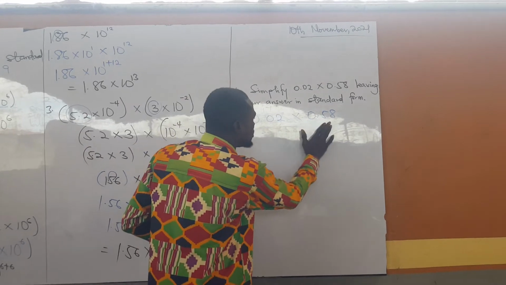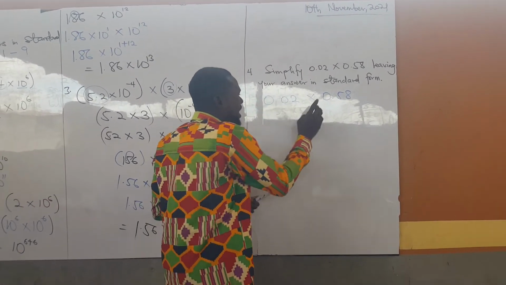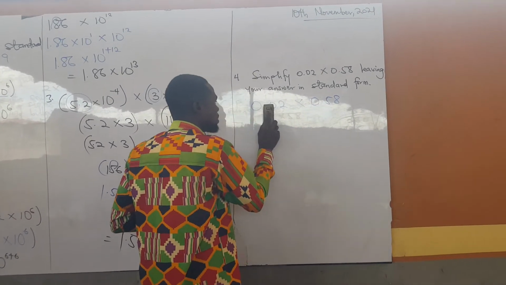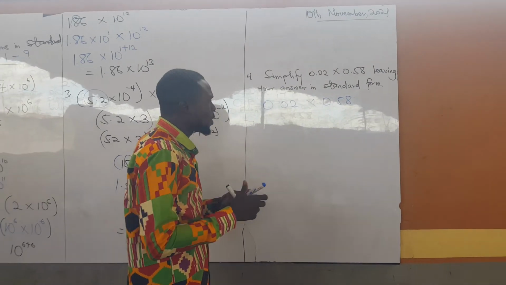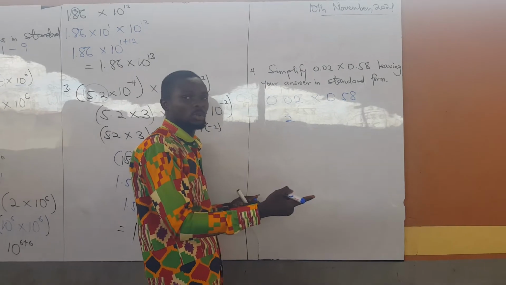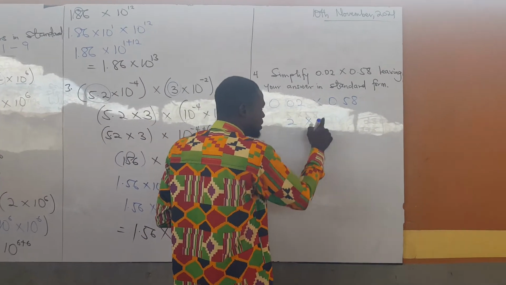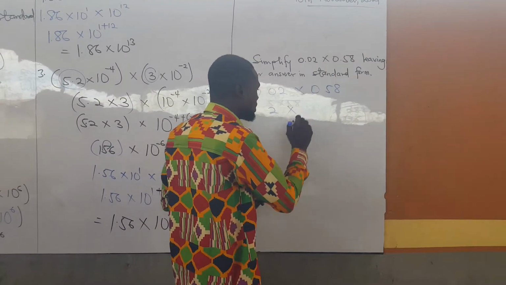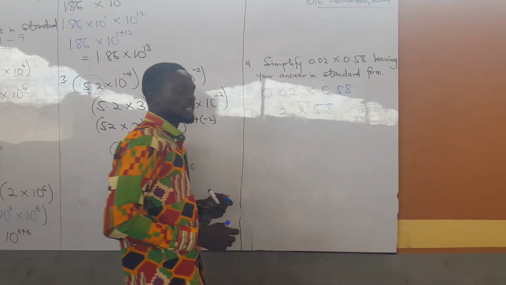Now, since I am multiplying, I will assume that there is no decimal point. So if I take off the decimal point here, I'll be left with 2, because 002 is the same as 2. And this will give me times 0.58, which is the same as 58.